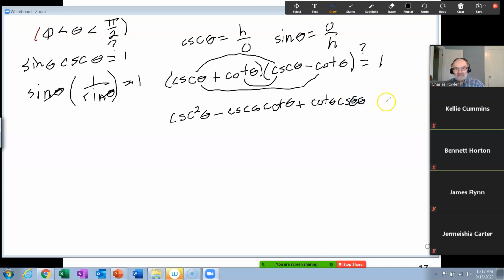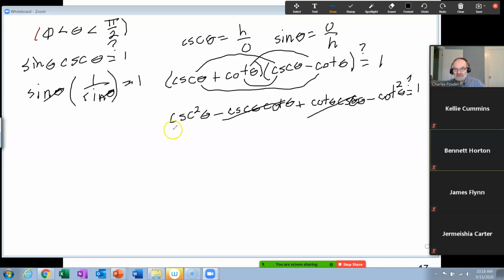I can't write. And then your last is minus cotangent squared theta. And the question is, is all that mess equal to 1? We don't know. But what we do know is cosecant cotangent minus cosecant cotangent, plus cotangent cosecant, because multiplication is commutative, it doesn't matter which order, those add to 0.